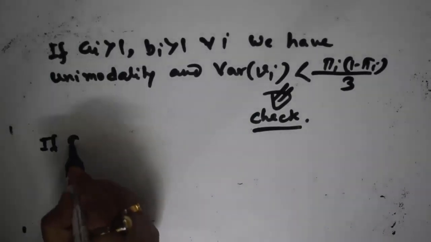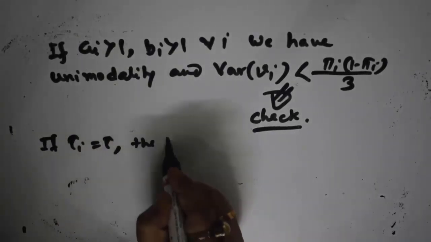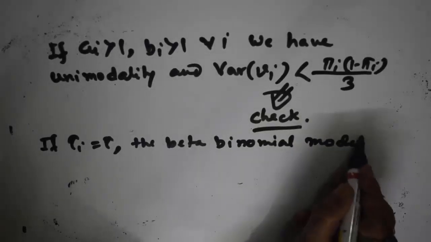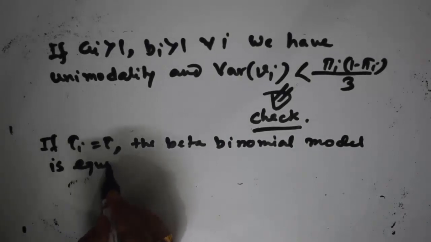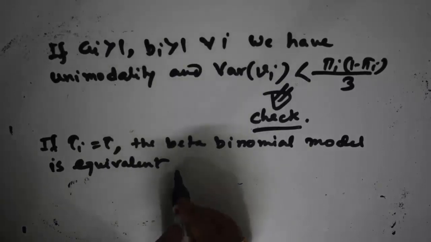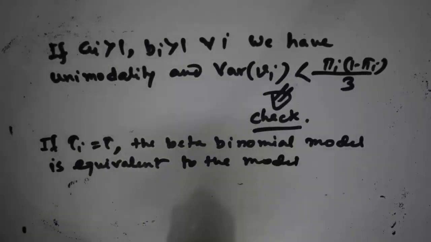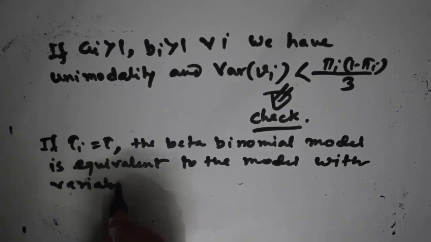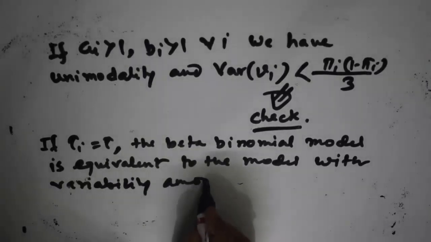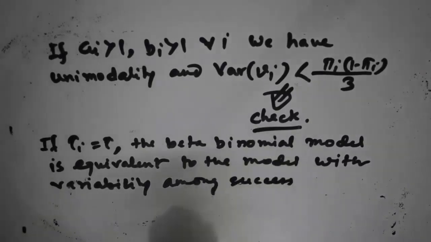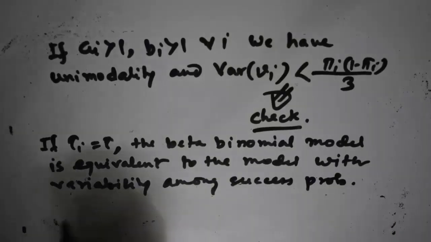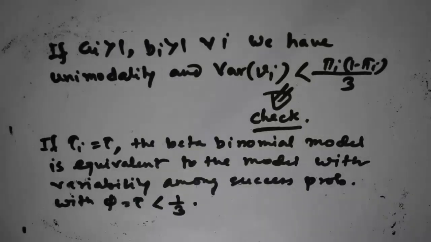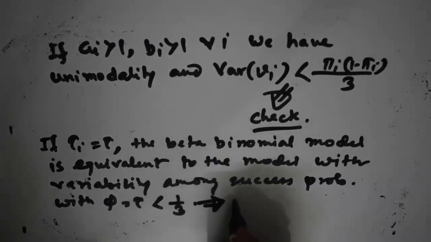If tau i equal to tau, the beta binomial model is equivalent to the model with variability among success probabilities with phi, which is equal to tau, less than 1 by 3. So this is a more restrictive situation.